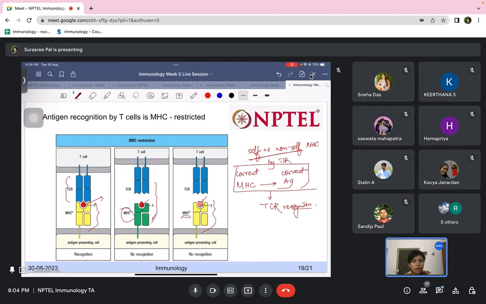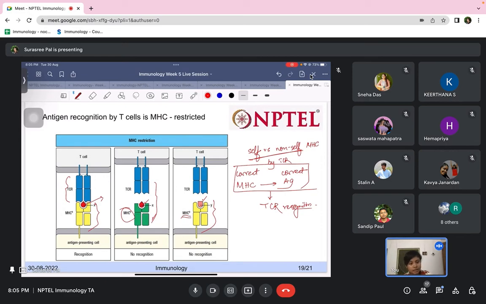We have heard that often the grafts are rejected and the tissue transplantation does not work well, right? So for transplantation to be proper, there has to be MHC compatibility, so that the TCR does not recognize any non-self MHC and does not generate any immune response, otherwise the transplant might be rejected.